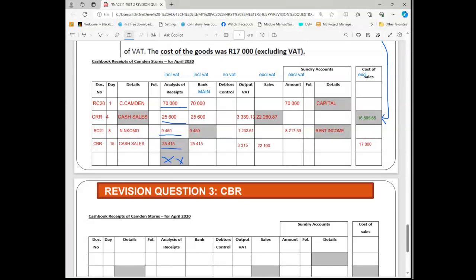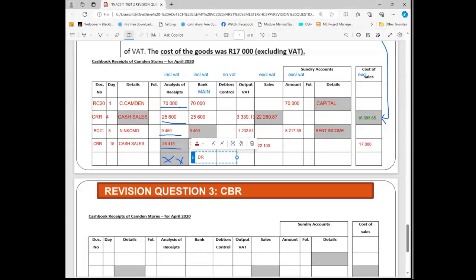The main account is bank. Do you think bank is increasing or decreasing with this amount? It's increasing. So where does bank increase? Under which side? The debit side.